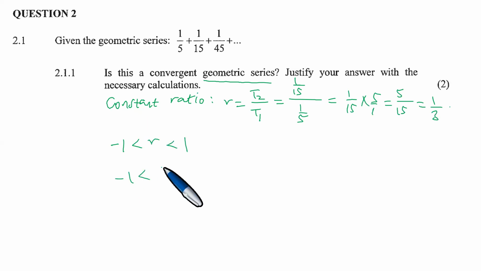So -1 is less than the constant ratio, and the constant ratio is 1/3, and it's less than 1. Look, the number 1/3 is the same as 0.3 recurring. And this 1/3 lies between -1 and 1. And this is clear.